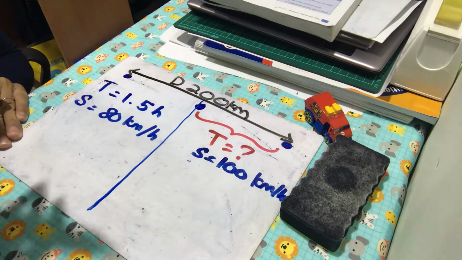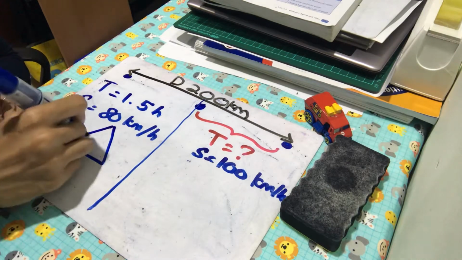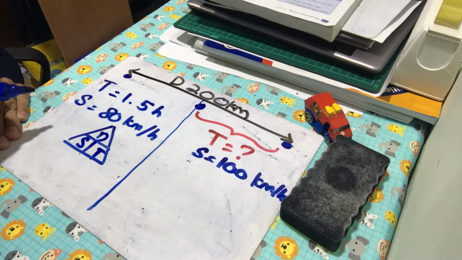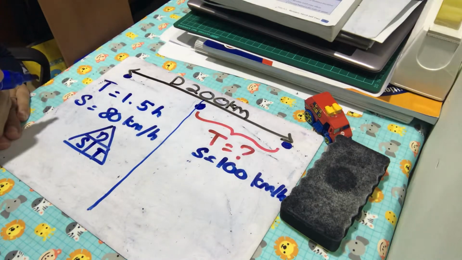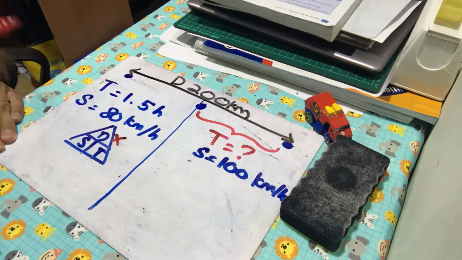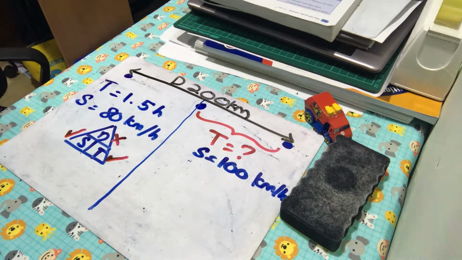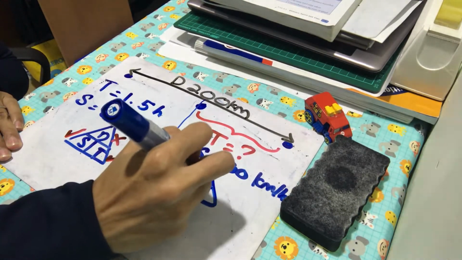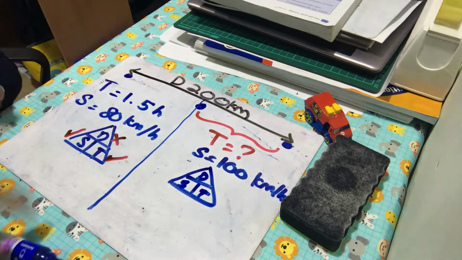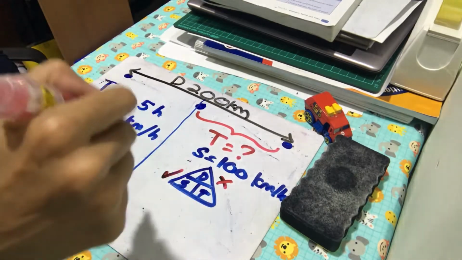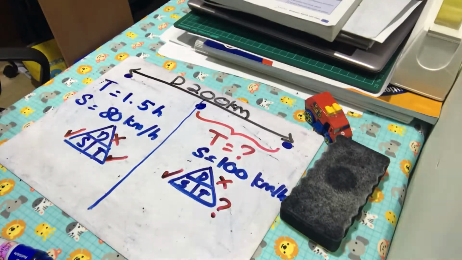When we look back to the formula with D, S and T, in this first part you don't even know the distance, but speed is given and time is given. In the other part, again the distance is not given, the speed is given and you have to find the time.